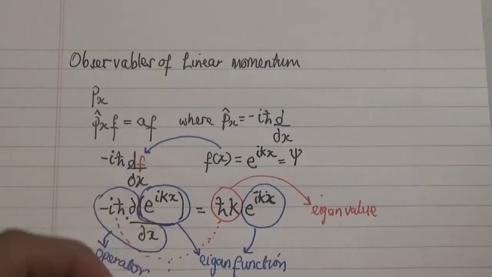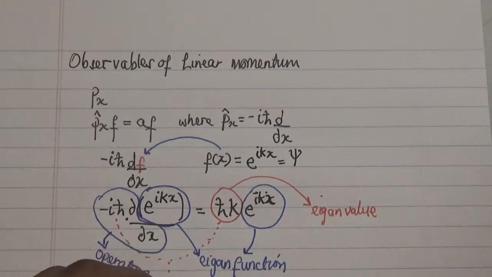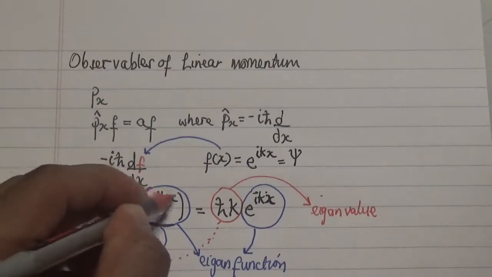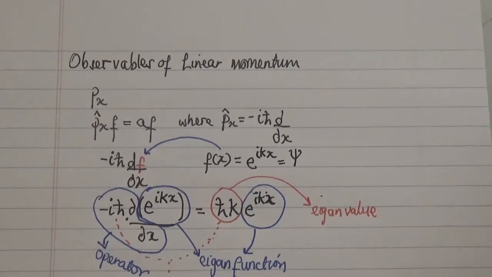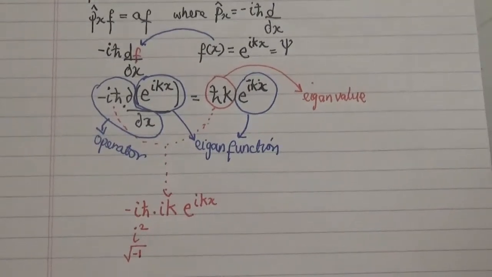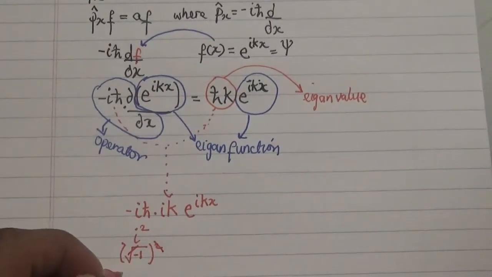The derivative of this function is ik, which is brought out, multiplied by our inner function, so our original function multiplied by the derivative of the exponent, which is the exponent constant, brought out and multiplied. Now how is the negative eliminated? We know that i multiplied by i is equal to i squared, which is the square root of -1 all squared, and this cancels that, and we get -1 multiplied by -1, which is equal to 1.